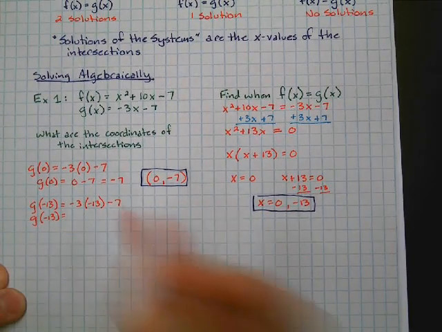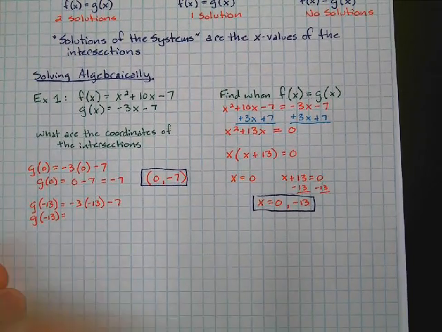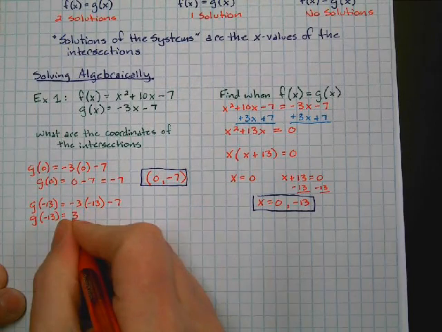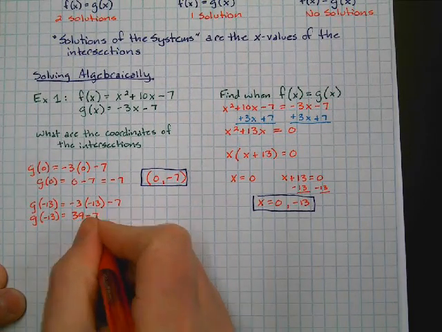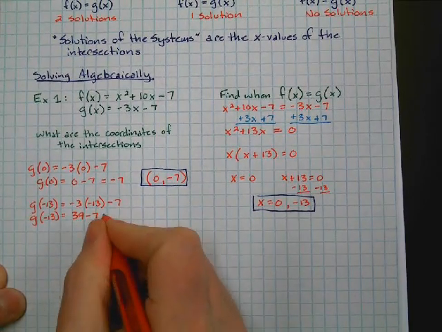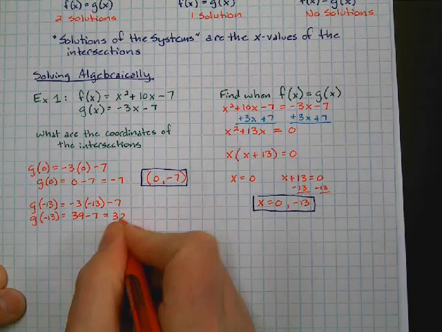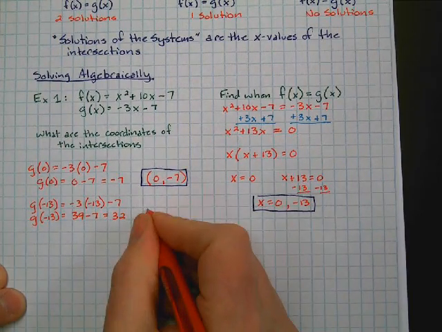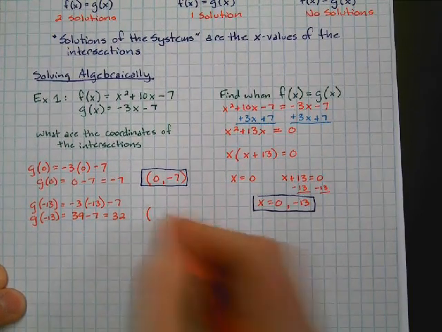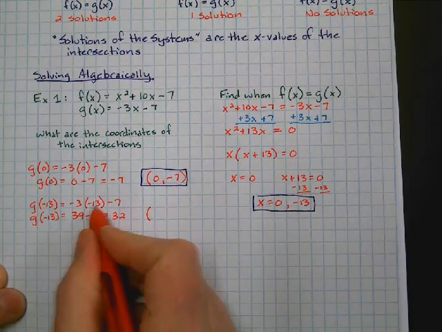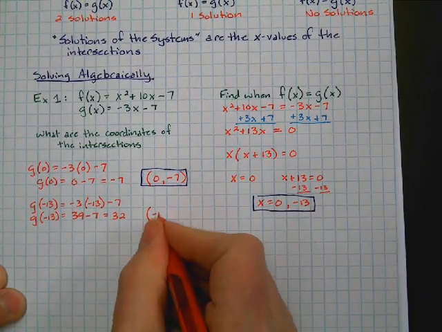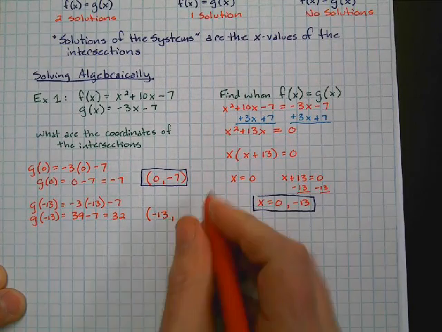So negative 3 times negative 13 would be positive 39. And 39 minus 7 would be 32. So that tells me that the other intersection point, I plugged in negative 13, and the y value was 32.